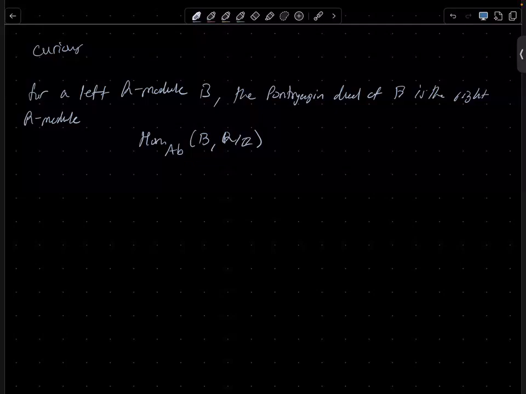It's a very curious thing that has come up. Q mod Z you should think of as some prototype for the circle, something like that.